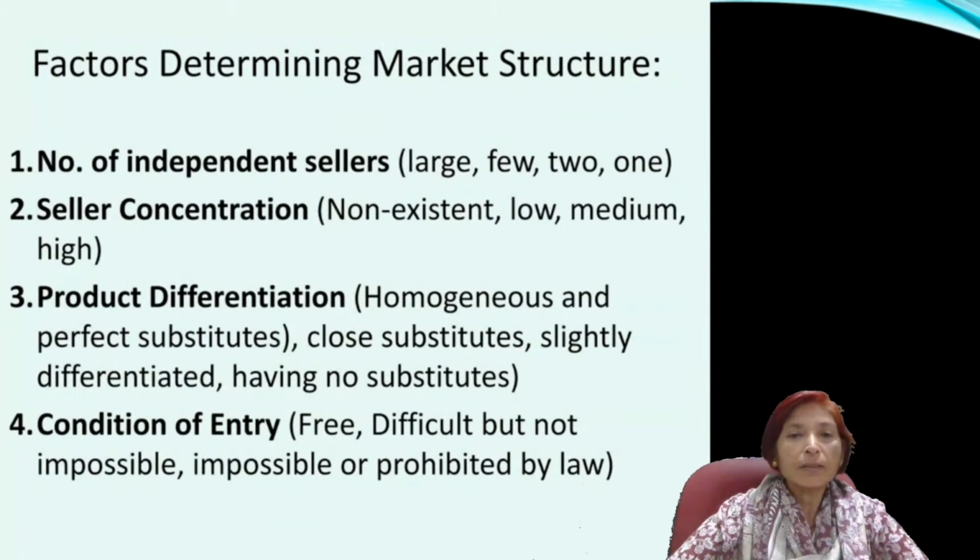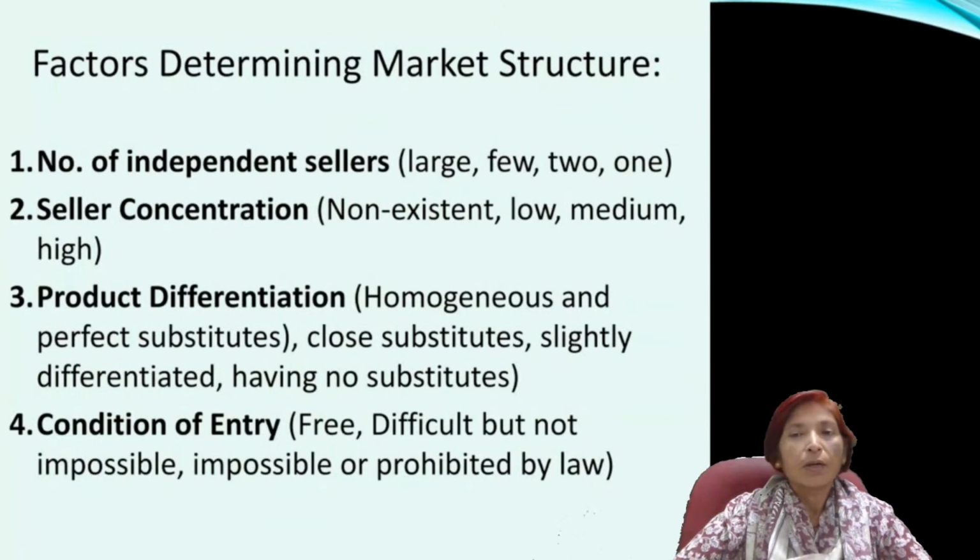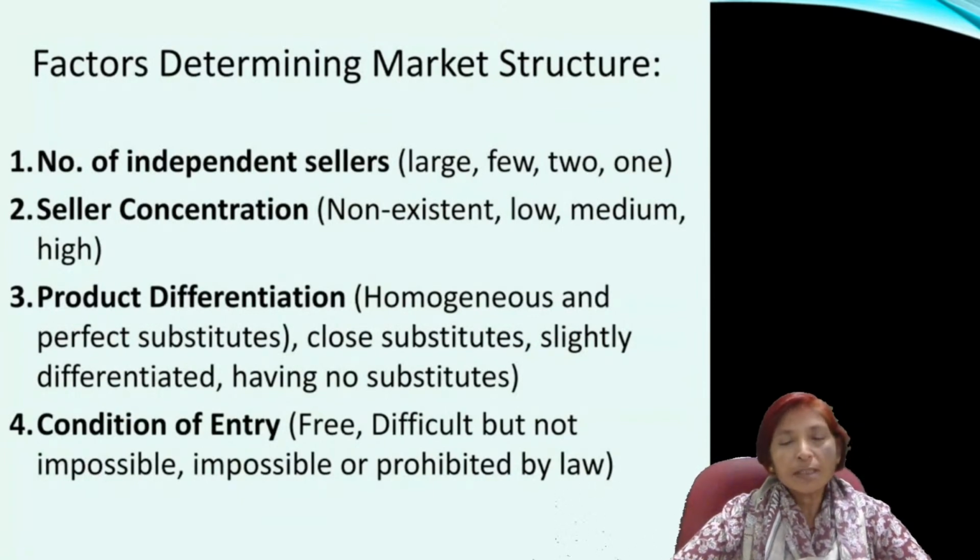Next is seller concentration. Seller concentration may be non-existent, low, medium, or high, related to the different forms of market. In a perfect competition market, no individual seller can influence the market situation, so seller concentration is non-existent. In a monopoly market there is full seller concentration.